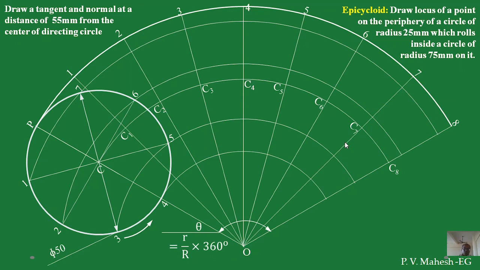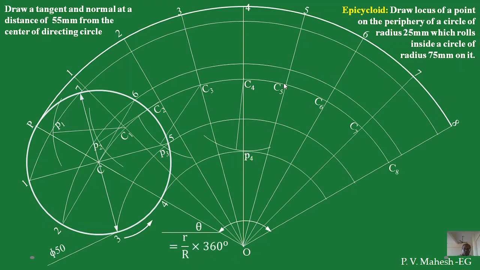Now once I get these points, the procedure is as usual. With C1 as center, draw an arc on the line passing through 1. I will get P1. With C2 as center, draw an arc on the line passing through 2. I will get P2. With C3 as center, on the line passing through 3, I will get P3. With C4 as center, on the line passing through 4, I will get P4.